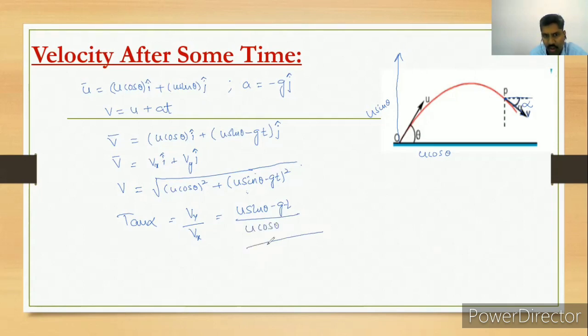So this is the velocity we got and the angle, the tan alpha value, also we got. These are the two results after some time. Next case we will see.